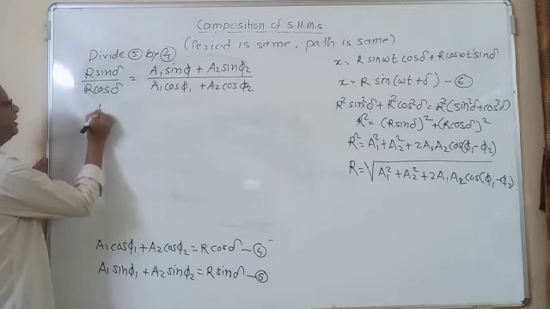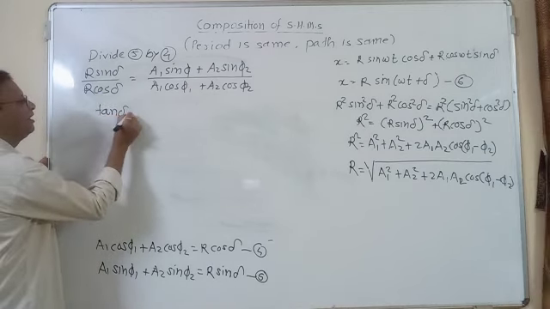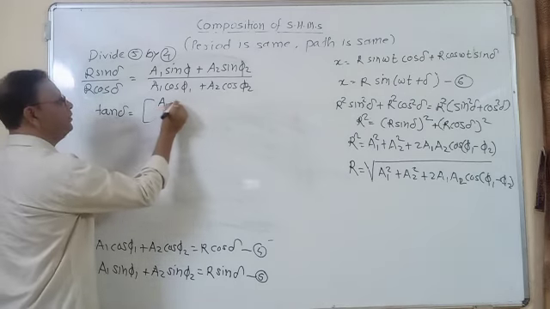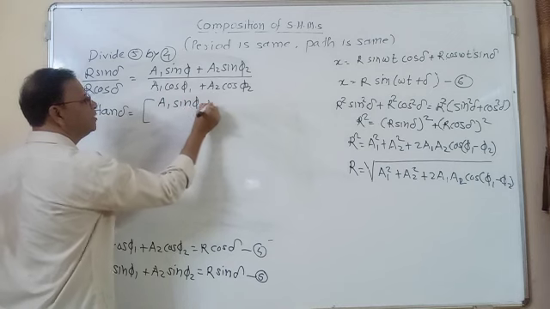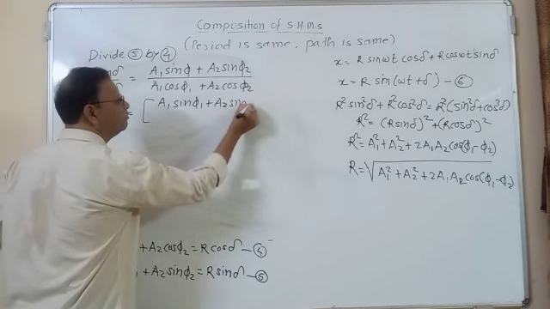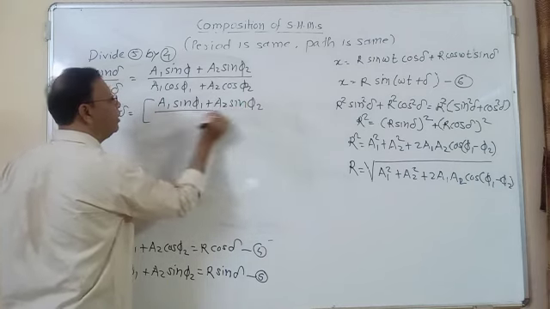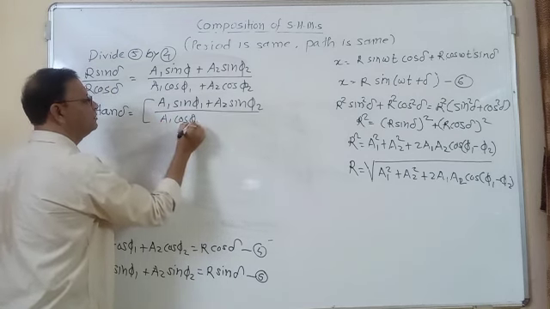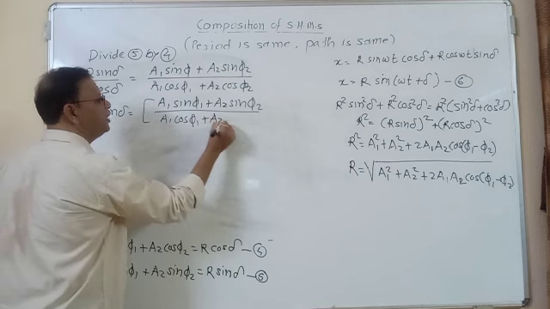So tan delta is equal to A1 sin phi 1 plus A2 sin phi 2 upon A1 cos phi 1 plus A2 cos phi 2.